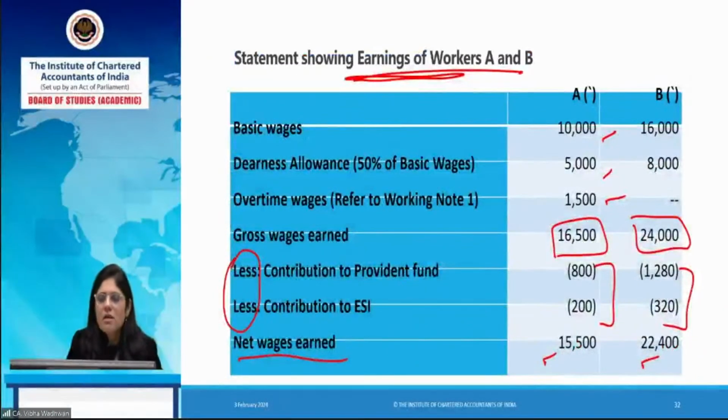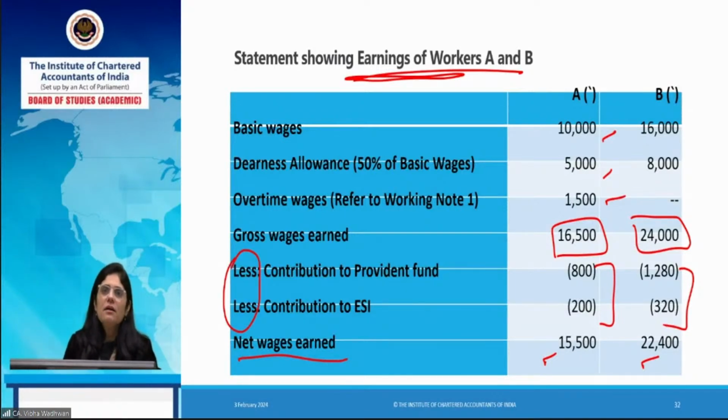All right. So students, this is a very important illustration to understand the difference between earnings and cost. Clear? Earnings is what the worker will take along with him in cash or kind or cheque. And cost to the company is much more than the earnings of the worker. Clear? So for example, Ashok, I can give one more example.